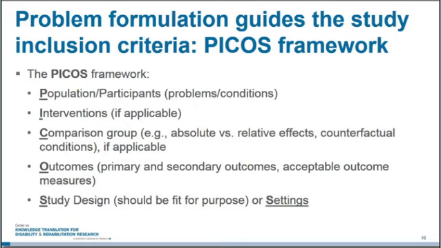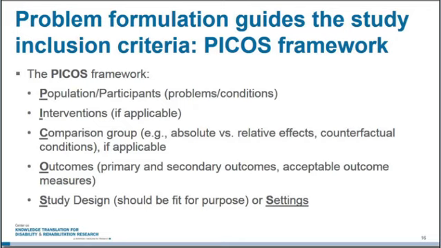That is applicable if, again, we're interested in the effectiveness of an intervention and we're looking at studies that compare patients or participants that were exposed to an intervention versus those in a control group. The O stands for outcomes. What are the primary or secondary outcomes or acceptable outcome measures that are going to be relevant for our research question? And the S stands for study design. What are the kinds of study designs that are going to be most appropriate for our question?